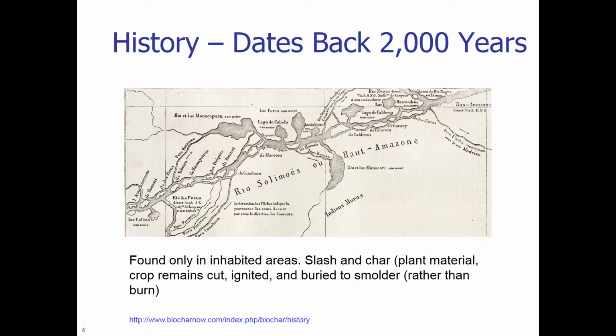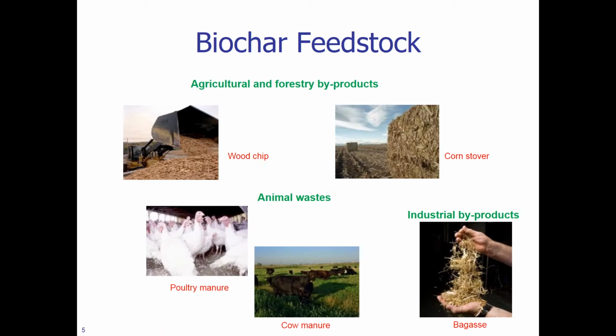Looking back into details, what we have found is the slash and char procedure: the plant material with the crop remains is cut, ignited, and buried to smolder, that means under low oxygen conditions, rather than allowing it to burn. It leaves behind a material which is very stable, and that is the idea behind biochar.